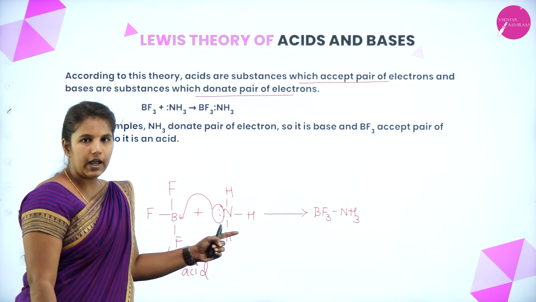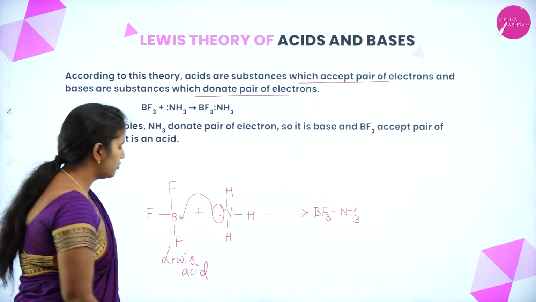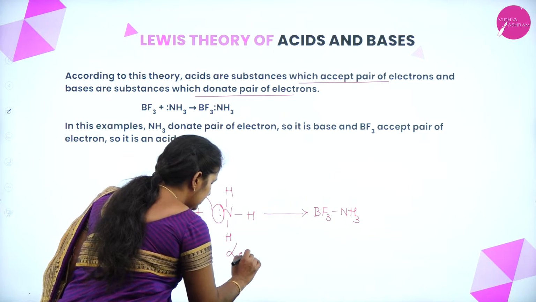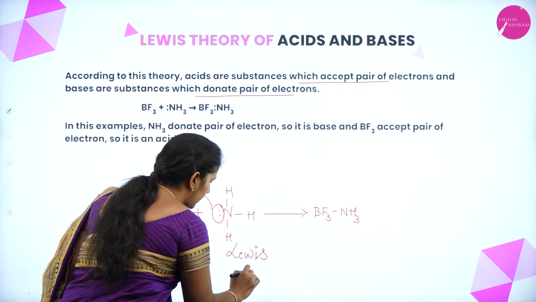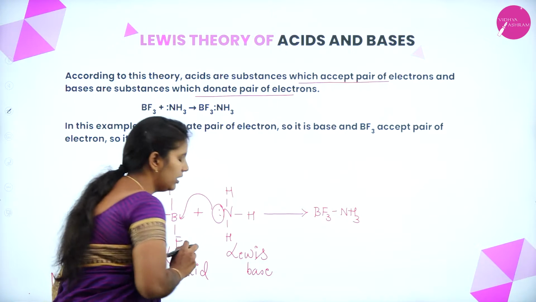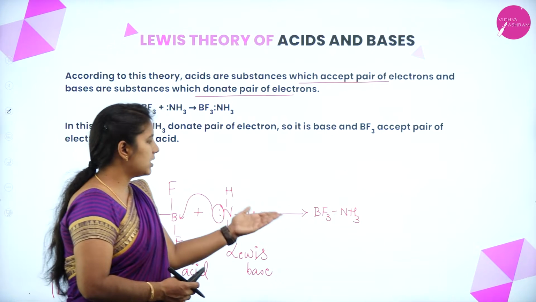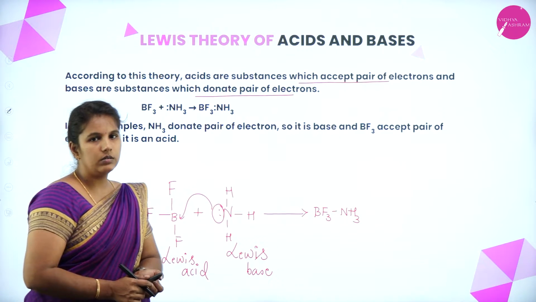Since ammonia is donating the pair of electrons, hence it is a Lewis base. Thereby, it forms a bond between the two molecules.